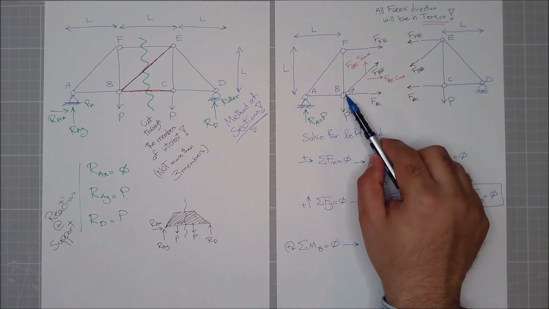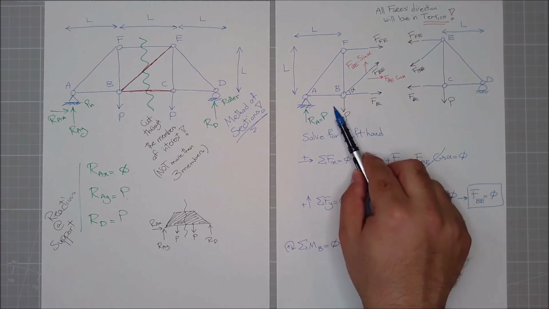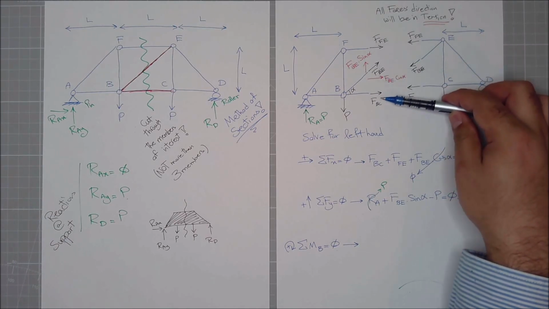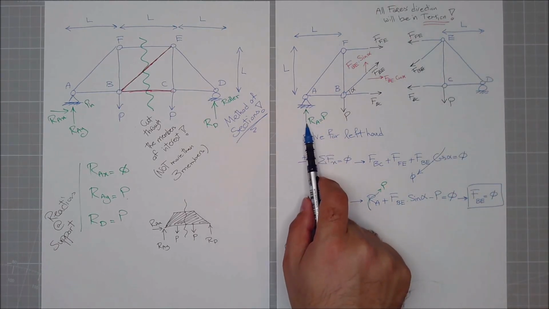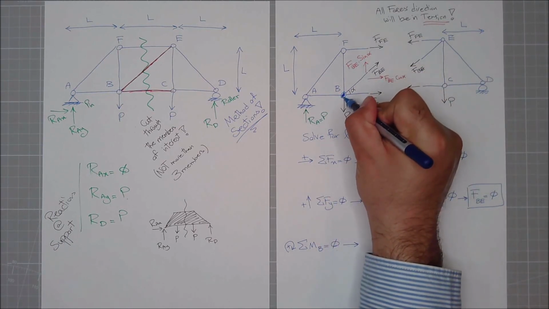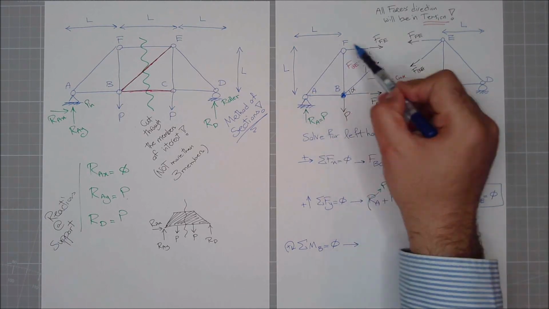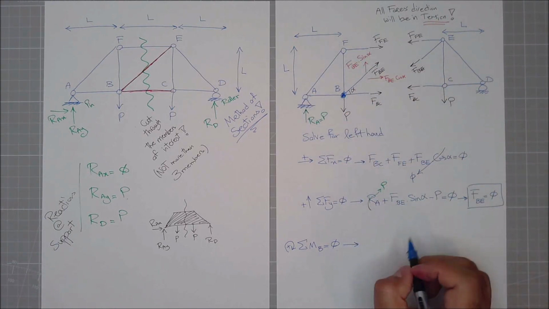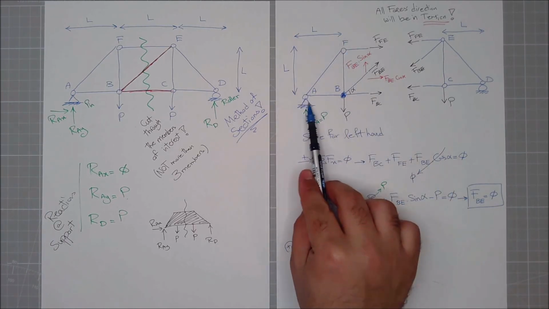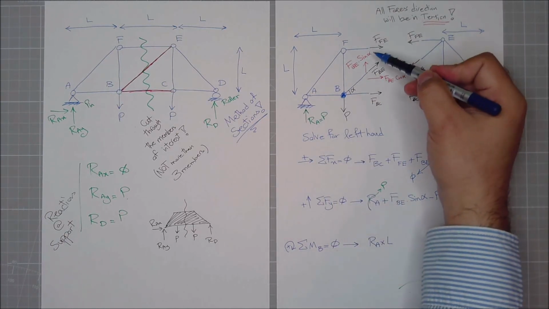So any force which will affect B should have a distance parallel to it. I can see this guy having a parallel distance, and I can see this guy having a parallel distance. If this is going around point B, let's highlight it, point B, it will go around it clockwise. So let's say RA times its distance, the parallel distance of RA to B, is L. The same thing happens here.